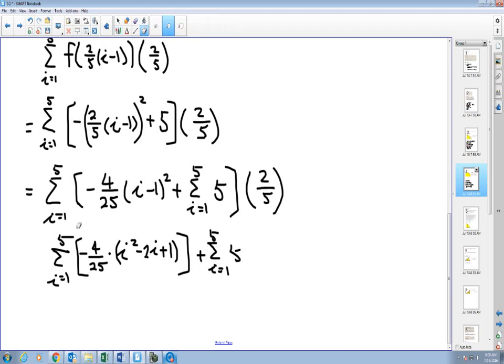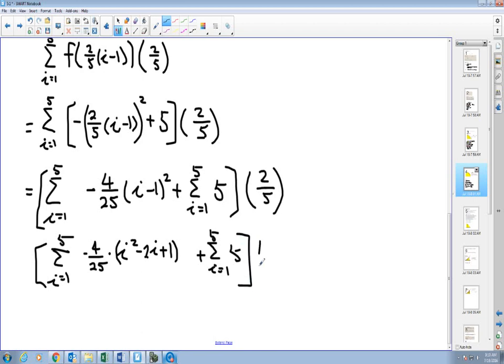I'm going to move this bracket out. That's actually more mathematically correct. There you go. That's more like it.